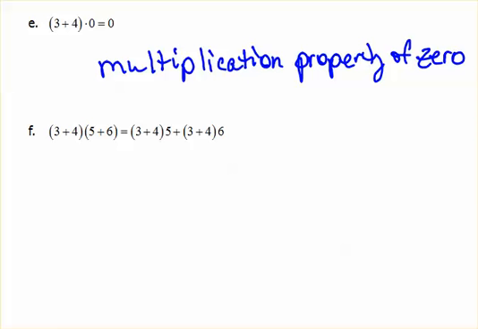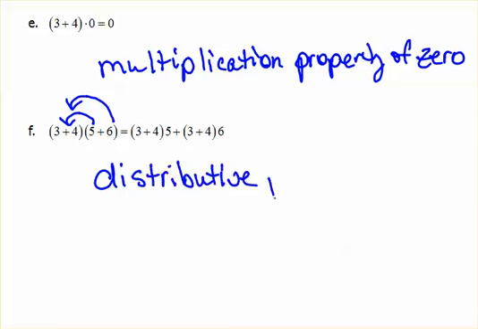This one might have been a little bit different, but can you see that what they're doing is just multiplying the 5 times this parenthesis and then the 6 times that parenthesis? They've just put it on the back side instead of the front side. So this is actually an example of the distributive property. Okay, hope you got all those.